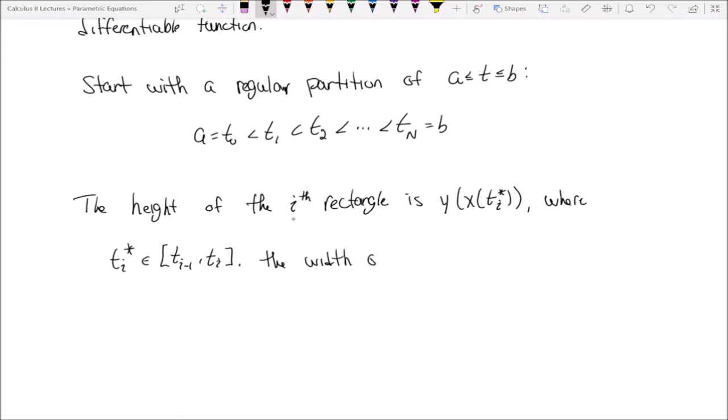The width of the ith rectangle is just delta x, which is x(ti) minus x(ti-1).